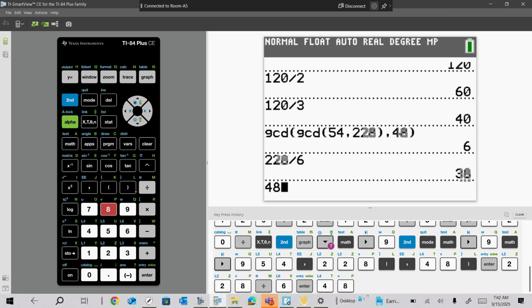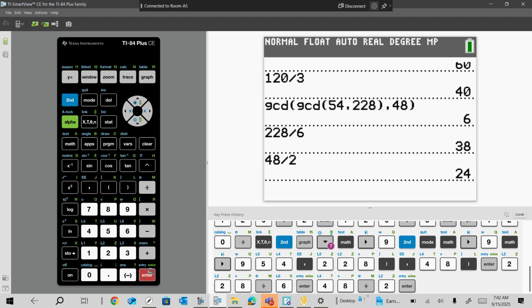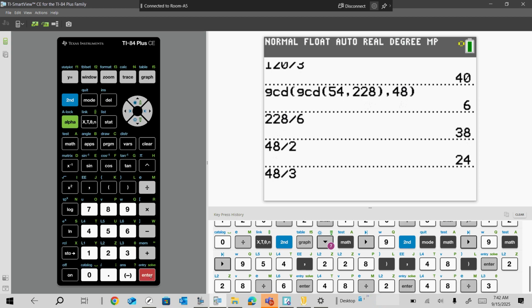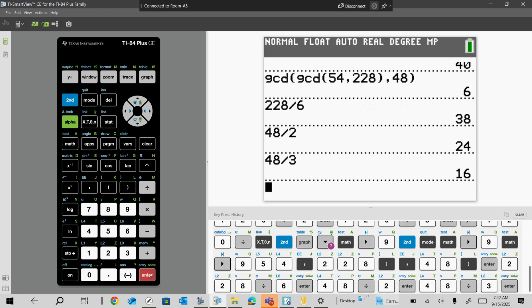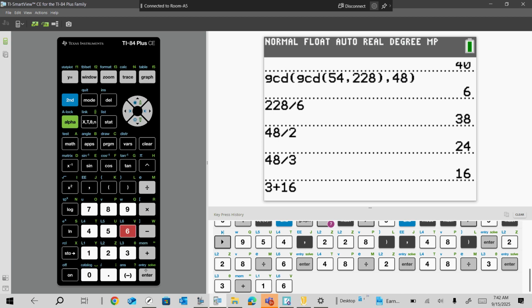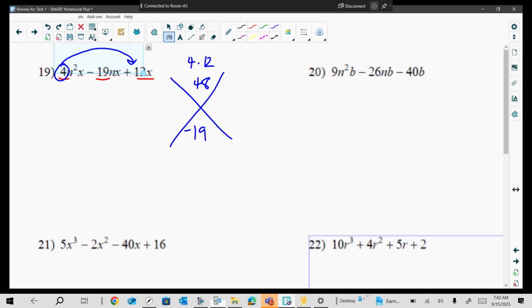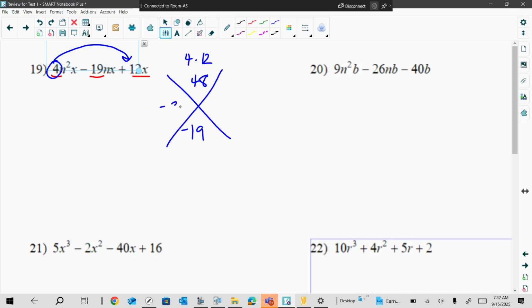So you can use your calculator, do 48 divided by 2, that's 24. The difference between those is 22. Do 48 divided by 3. 3 and 16 would give me 19. So I just need to make them both negative. A negative 3 and a negative 16.